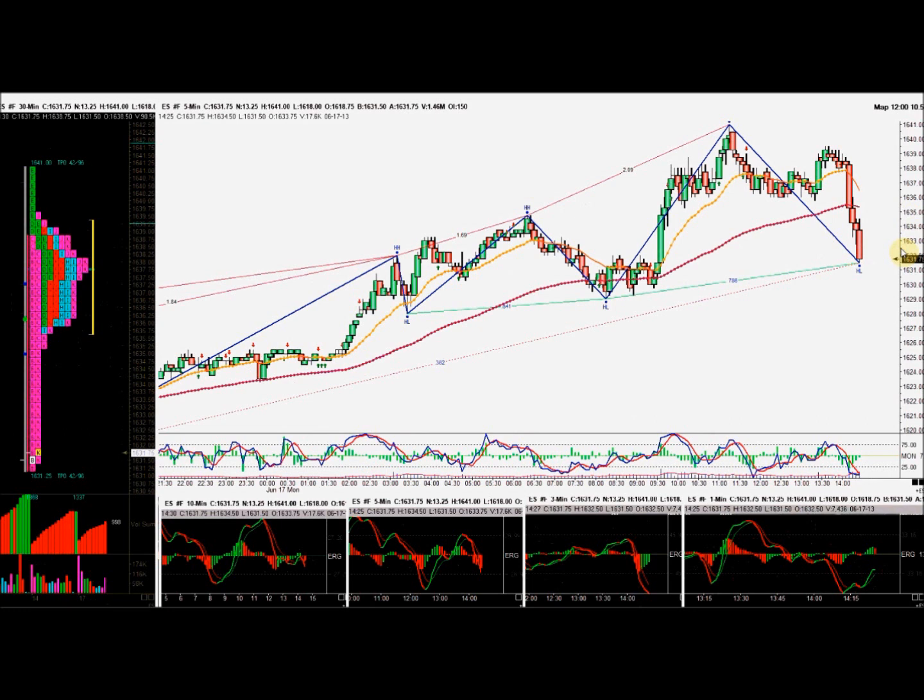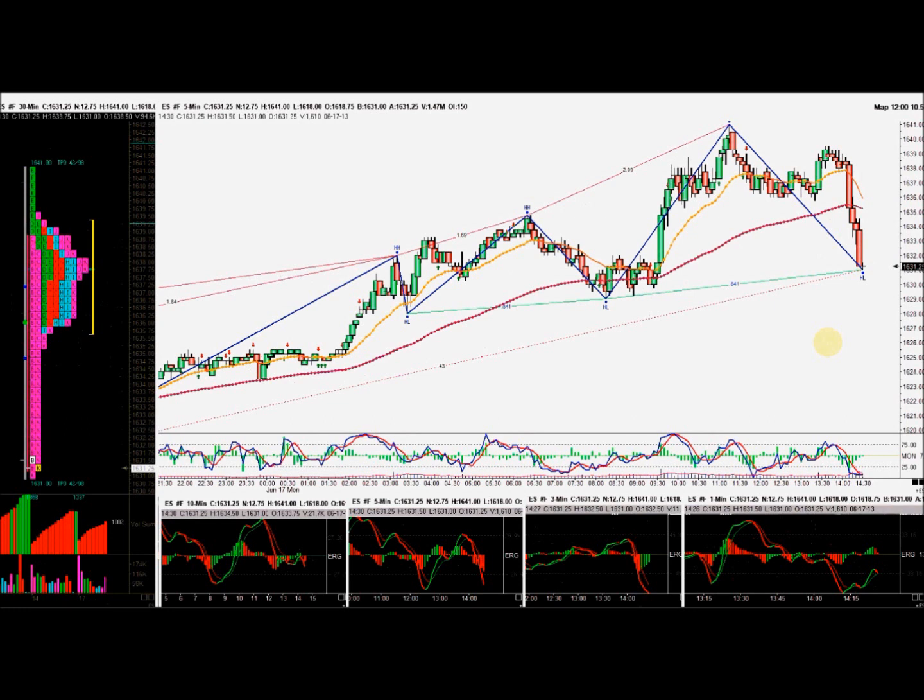Oh, we had a little downward movement. Went down there. We're at the 1631.50 area. We're at the 1631 area. So we have a little movement down here.